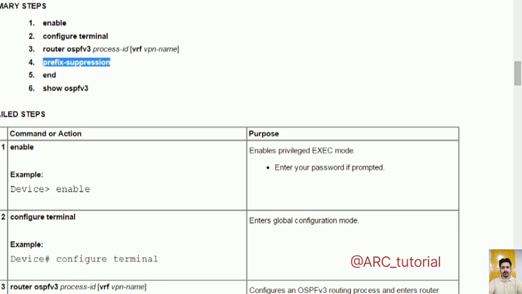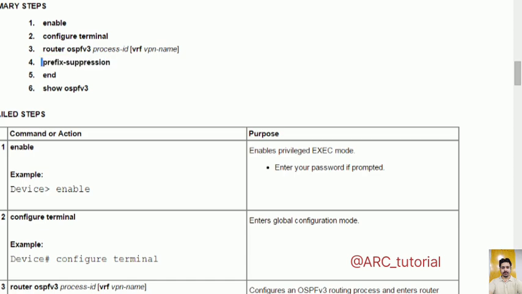Till now, it was mandatory to run different OSPF processes for IPv4 as well as IPv6. But in OSPF version 3, we can configure both IPv4 and IPv6 within the same process by using address families, same as BGP. So these options are available here.